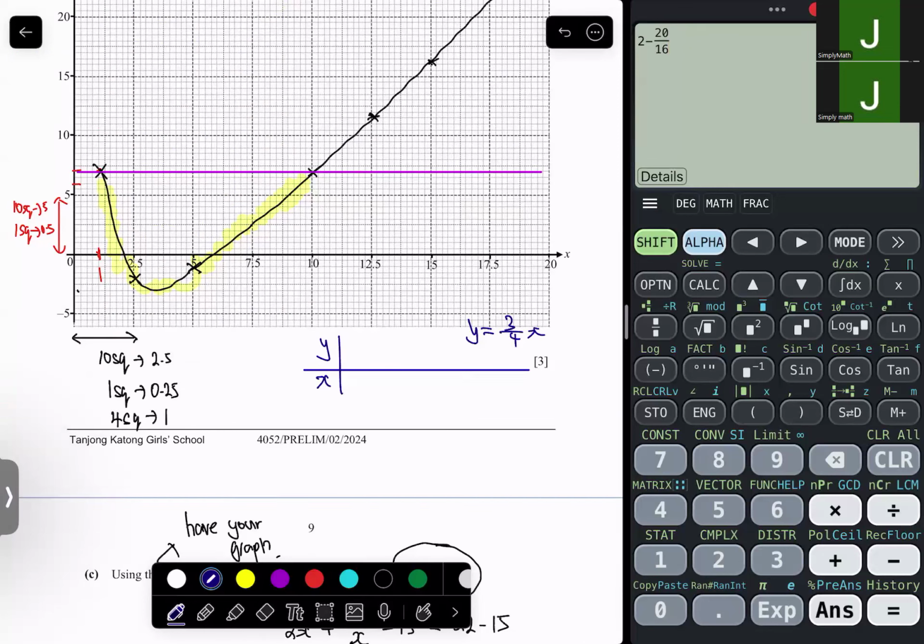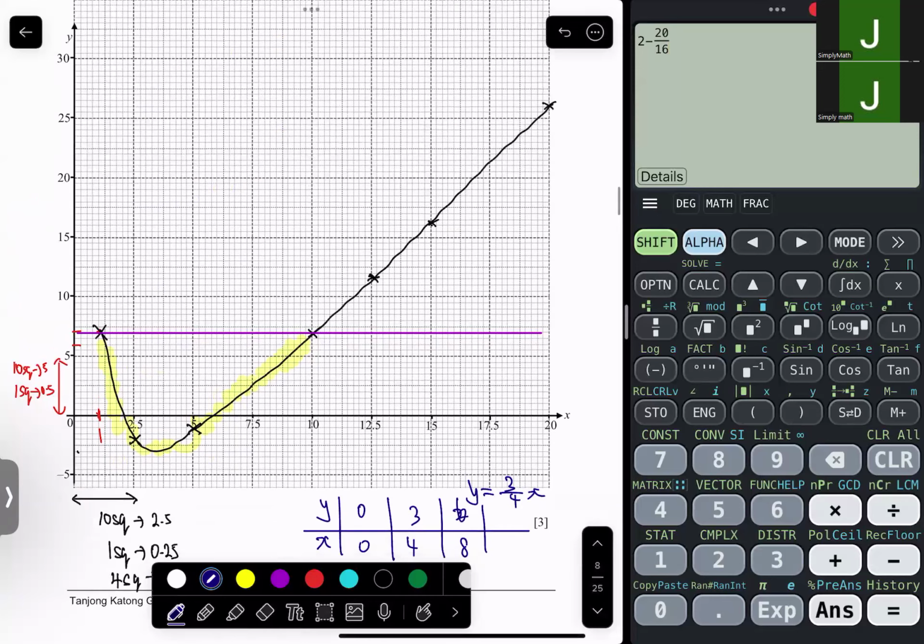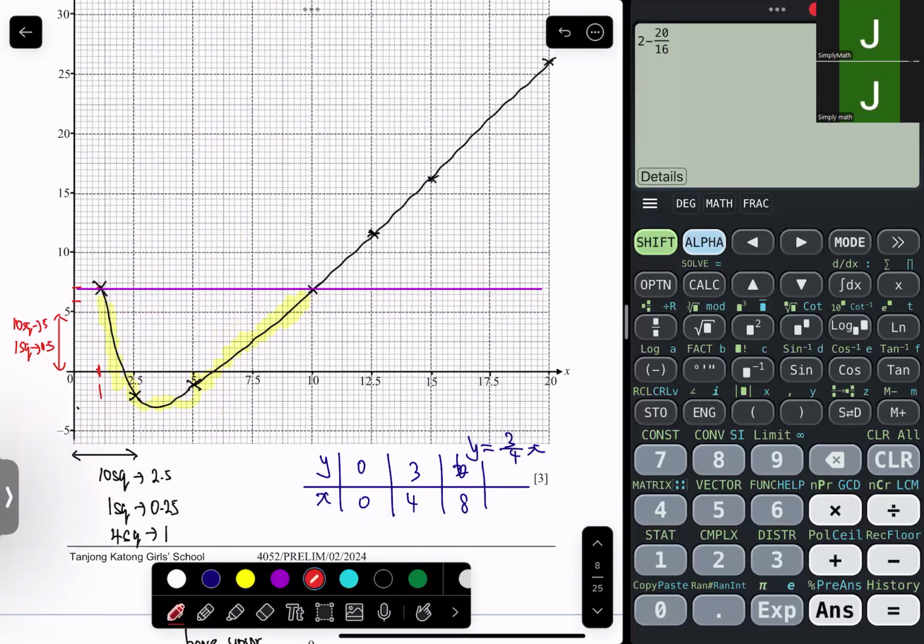So you take some values. When x is 0, y is 0. When x equals 4, y equals 3. When x equals 8, y equals 6. Sorry. Take these two points and you'll be able to draw a line with gradient 0.75. This is a little bit like working backwards.